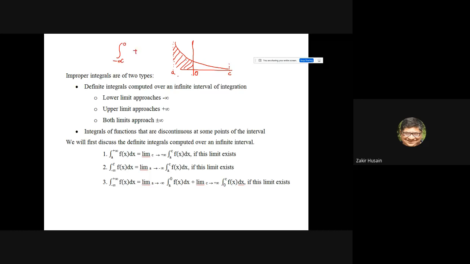Then we find the area from 0 to plus infinity. We replace A over here and we replace C over here, the two asymptotes.